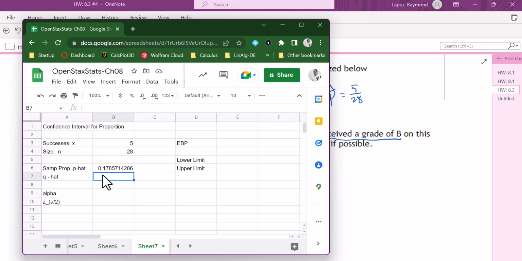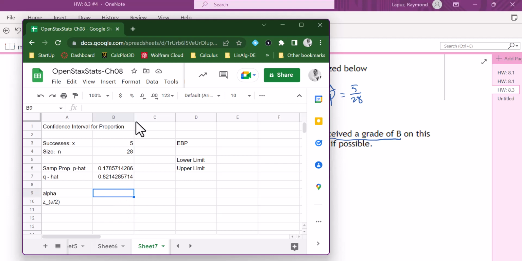Now I want to find Q hat, so I'm in this Q hat area. I'll click on the cell and say equals 1 minus the P hat that we just found, and that's going to give me a value of 0.8214. All right, so we got those two values that will help us find the error bound for the proportion.